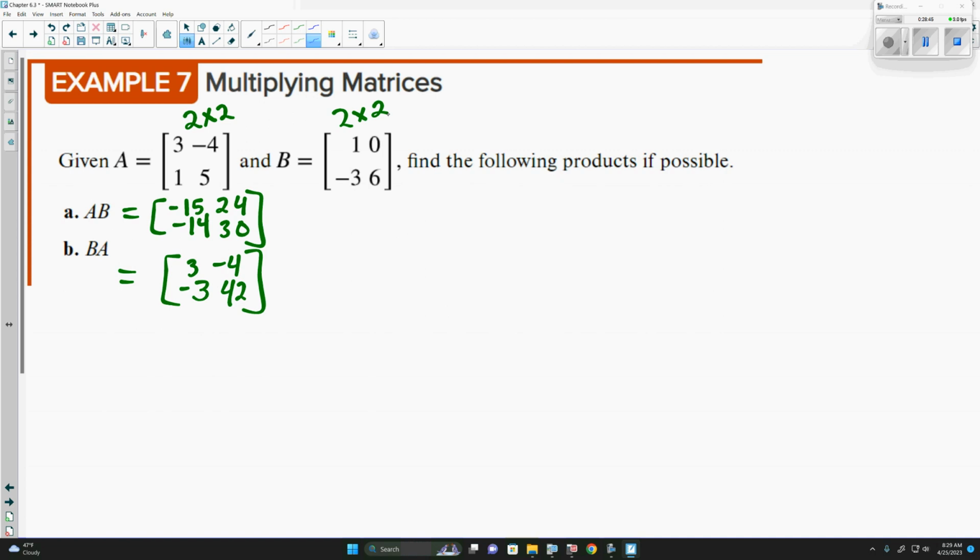But are the products the same? No. We're used to multiplication working in that 4 times 6 is the same as 6 times 4. Multiplication is commutative. We can multiply in any order. However, as we just saw with matrix multiplication, A times B is not always the same as B times A, even with 2 by 2s.